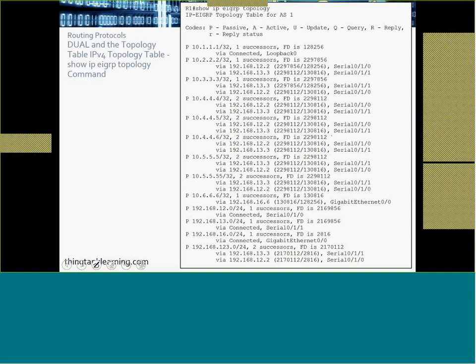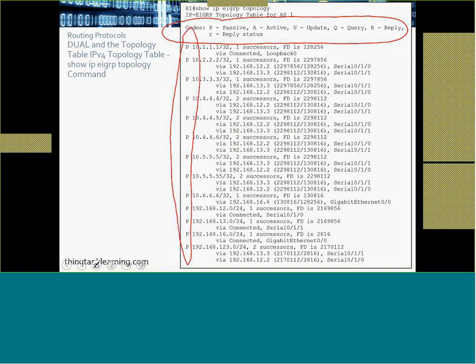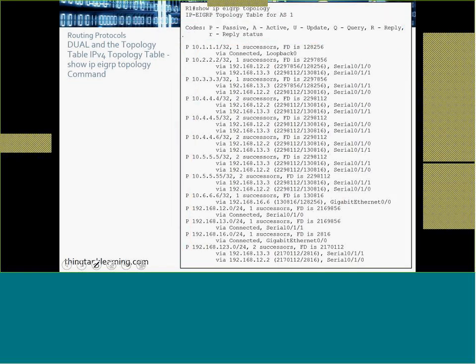Now you'll see some codes up here at the top of the page. Those codes indicate the status of the data in the table. P, which is what we see here, lots of P. P means passive, which means that we're converged. We're not actively looking for a new route.